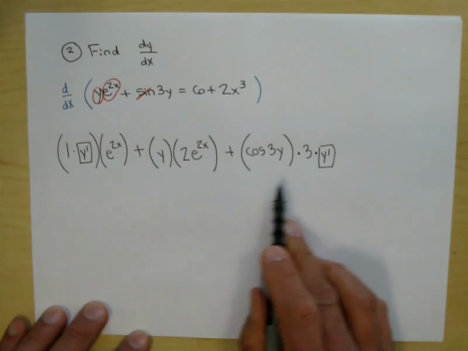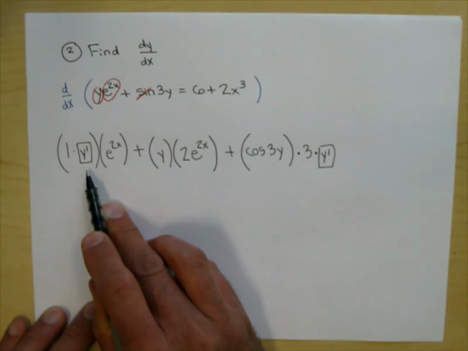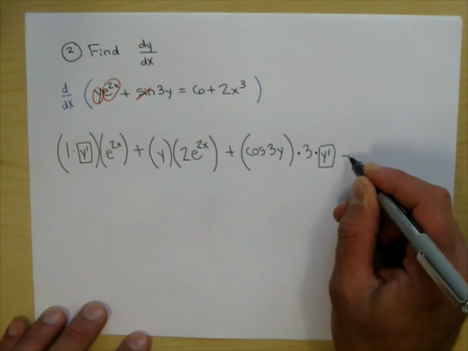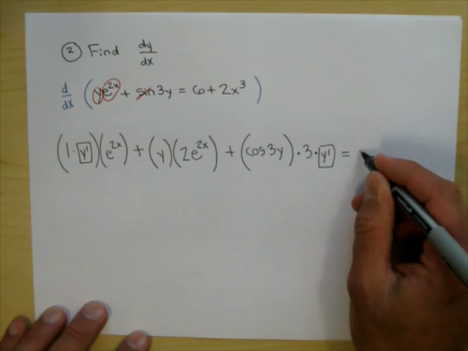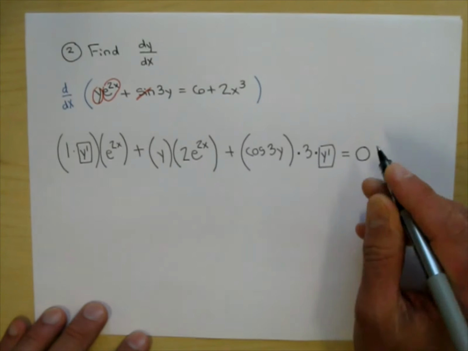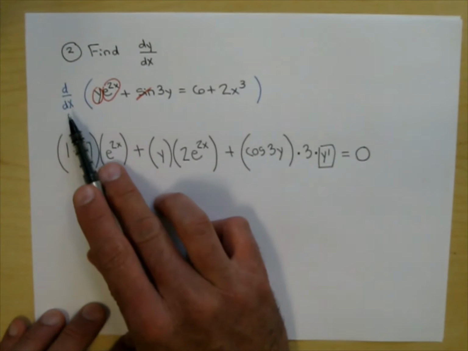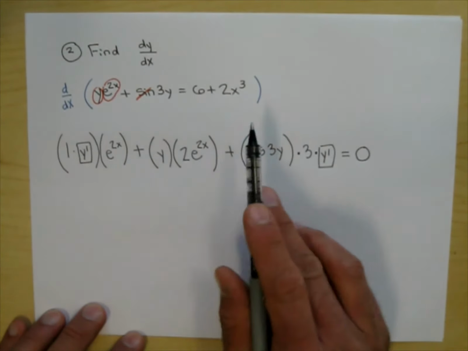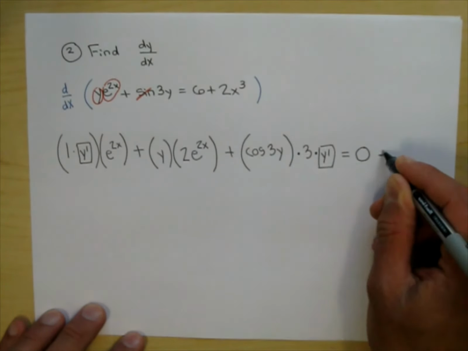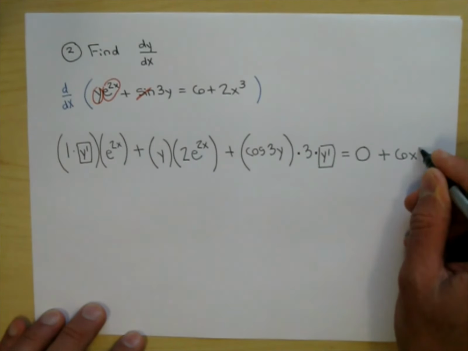So now I've got 2 little markers so far, a y prime here and a y prime there. Now I'm taking the derivative of 6 with respect to x, which is 0, and the derivative of this guy with respect to x is 6x squared.